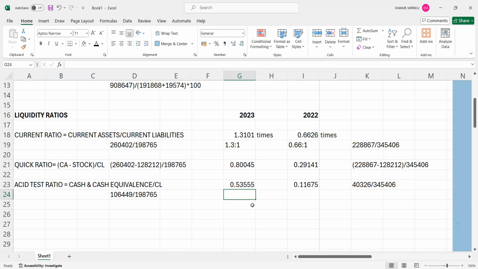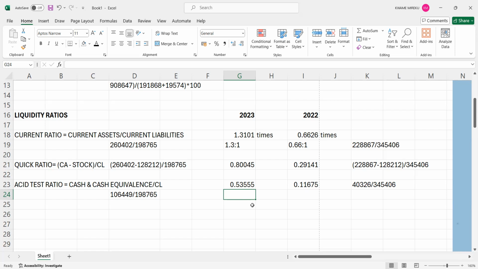In 2023, we could pay around 54% of our liability, whilst in 2022, we could pay almost 12%, because we could cover our liabilities 0.54 times in 2023, whilst in 2022, we could cover 0.11 or 0.12 times.